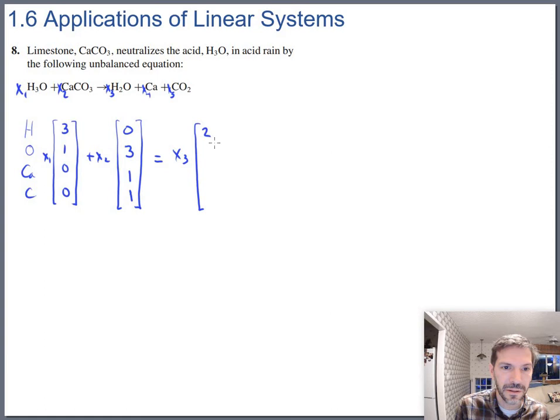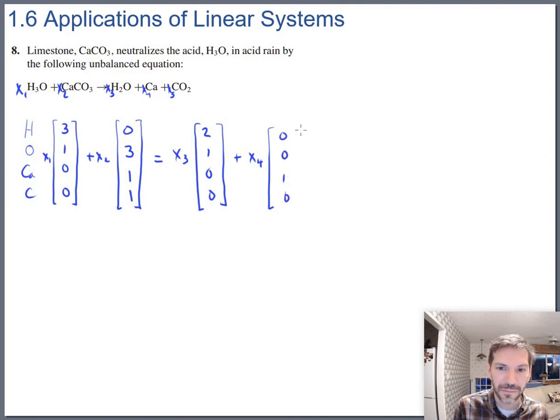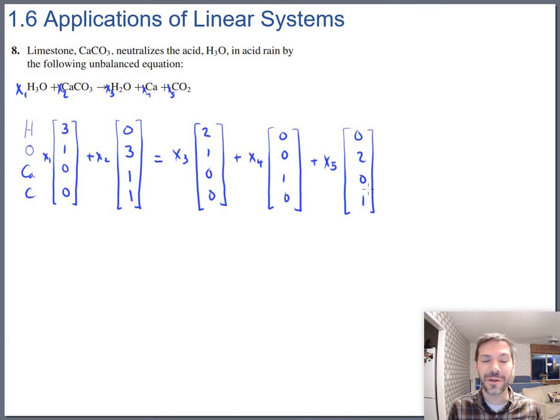So 2 hydrogens, 1 oxygen. Plus some amount of calcium, which is just 0, 0, 1, 0. And some amount of carbon dioxide. So no hydrogen, 2 oxygens, no calcium, 1 carbon. Okay. There's the same equation I'm trying to balance, written in vector form.